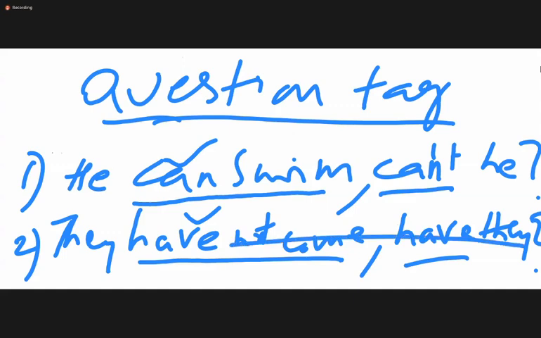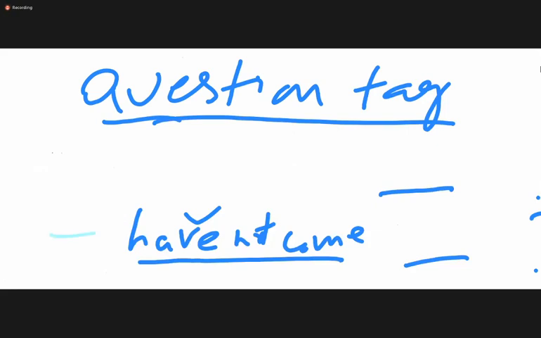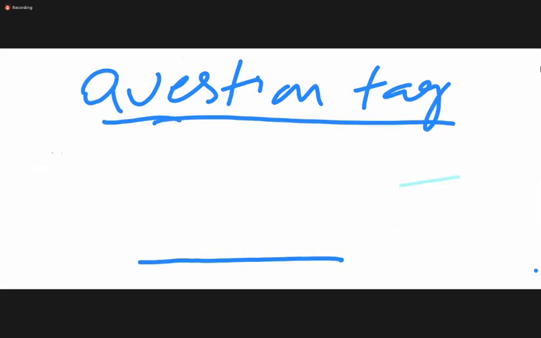But in case of some sentences, there is no helping verb. What can we do? For example, if a helping verb is not there in the sentence, you know we have already studied tenses. When you observe the 12 tenses, only 2 tenses do not have helping verbs in their verb structure. What are they?